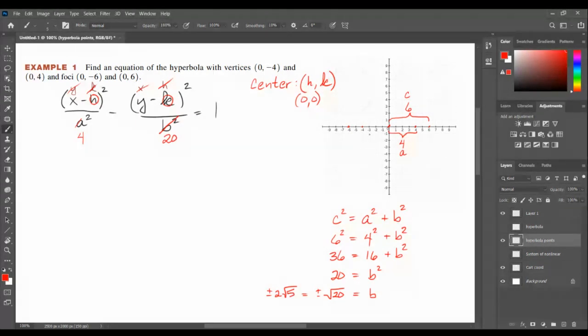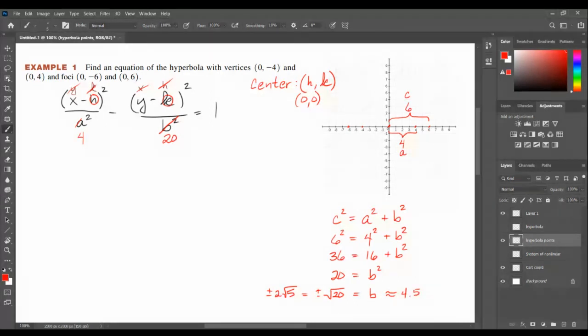So the B would be 2 root 5, and the square root of 5 is going to be about 2.2, I think. Let me quick double check just to be sure. Yep, 2.24. Multiply that by 2, and I get 4.47. So B is about equal to 4.5, just for graphing purposes.